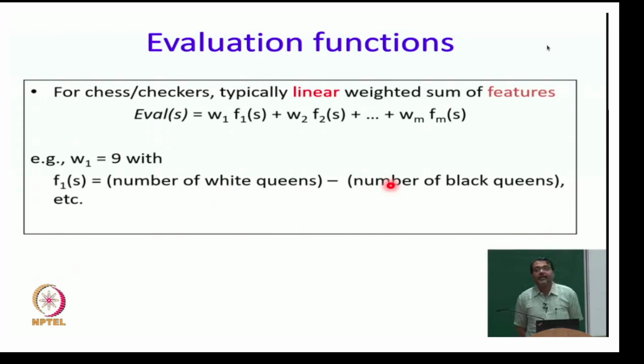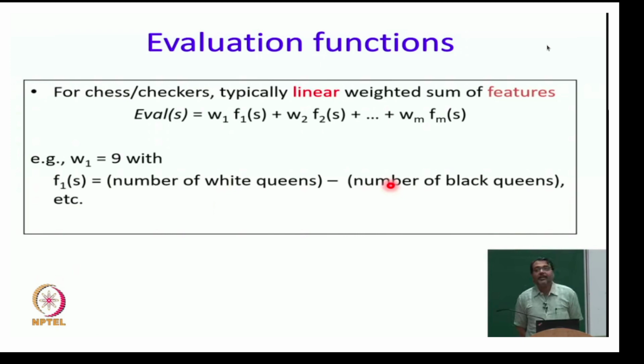For this one, it has given S as the state, F1, F2, and F3 as the features, and W1, W2, and W3 as the weights associated with these features, which say the importance of these features, right? So this is one scenario it has given.